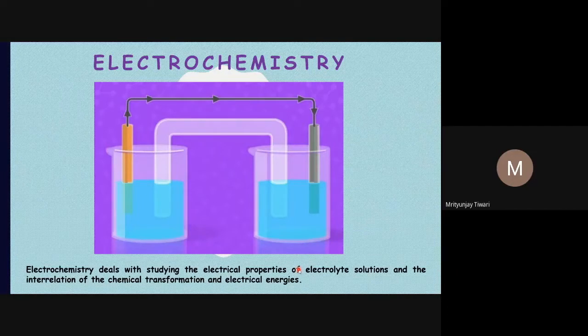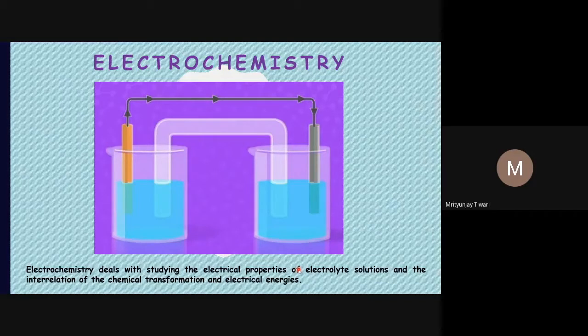In oxidation, electrons are released or lost. If oxidation and reduction both happen in the same vessel, that electron will go to some other substance, combine with it and reduce it. So oxidation and reduction usually happen together.